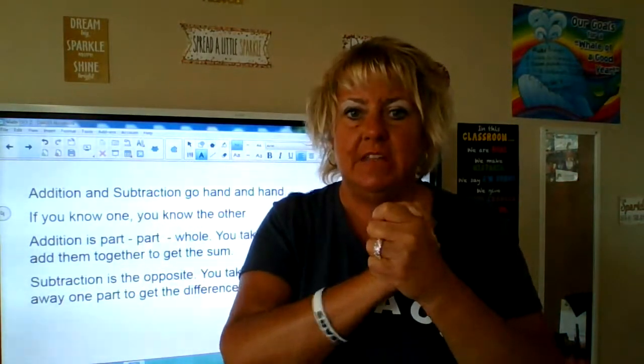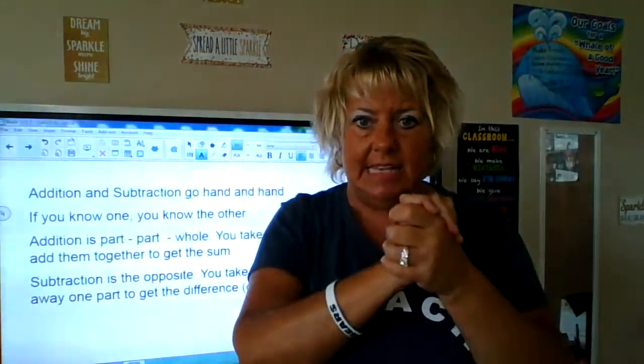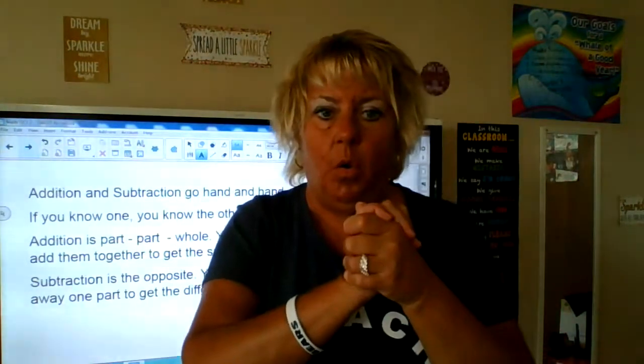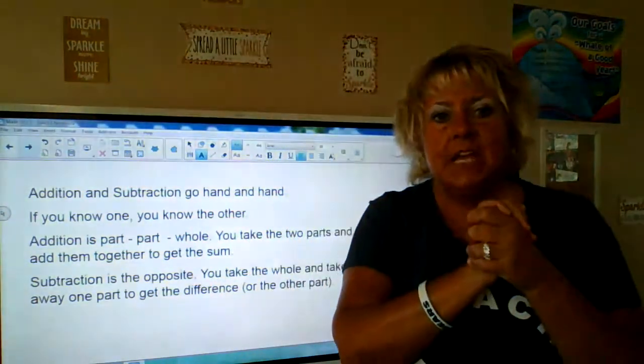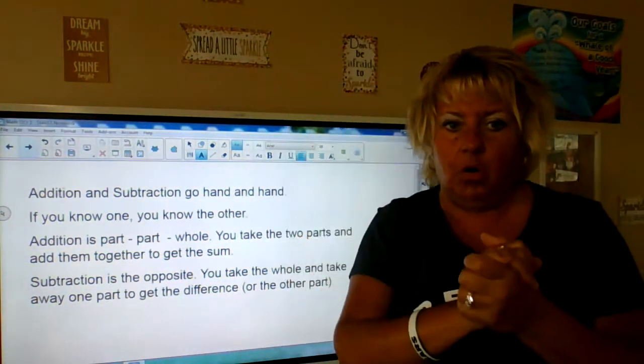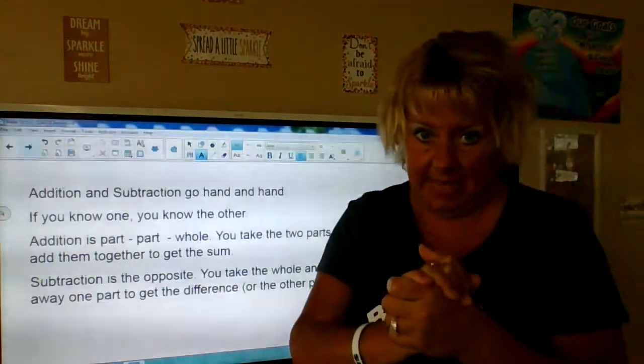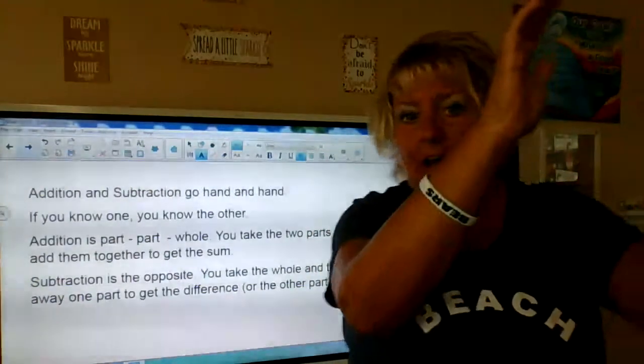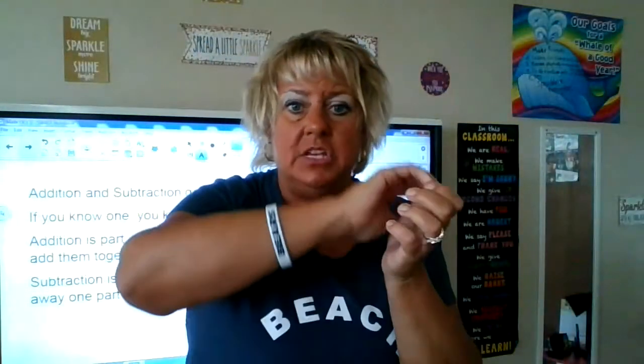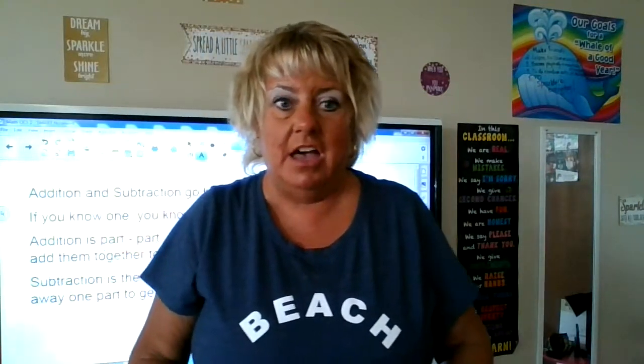Well, subtraction is the opposite. You take the whole and you take away one part to find the other part. And the answer to a subtraction problem is called the difference.